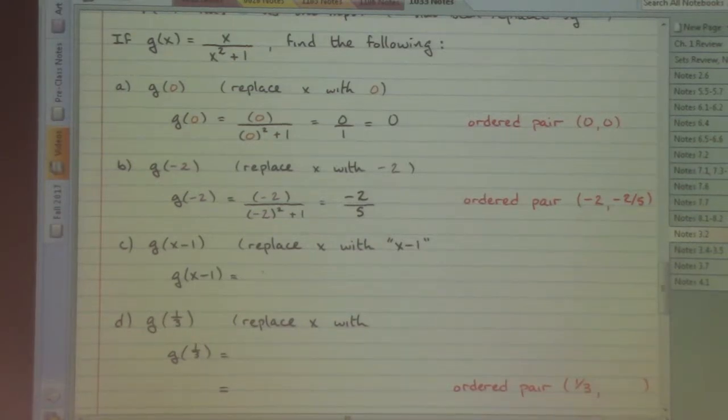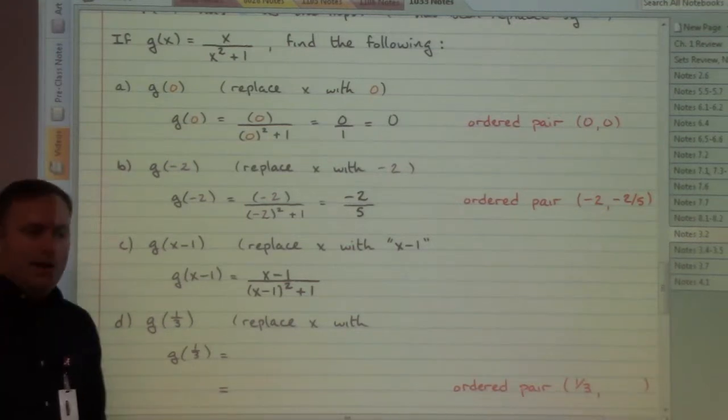Well, I'm going to replace it with an x minus 1. Down on the bottom, I have an x followed by a power of 2. I'm going to replace the x with parentheses x minus 1 so that I can put in the power of 2 and have that working correctly. But after the power of 2, I also have to have a plus 1 in that denominator. I could continue to tinker with that, but there's really no point in doing so.